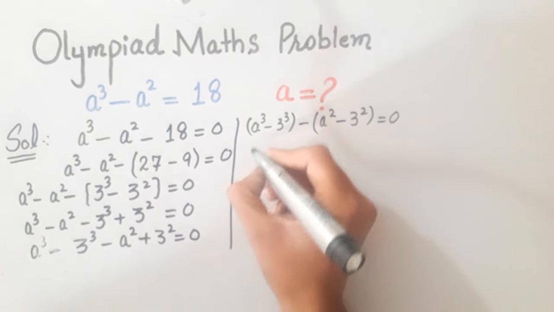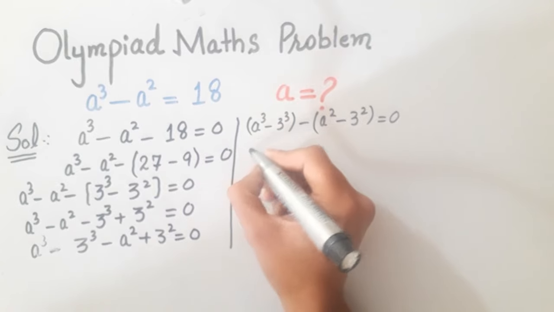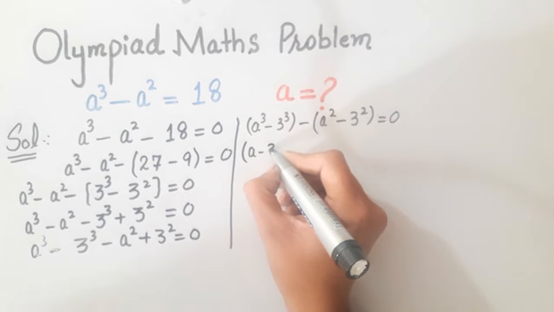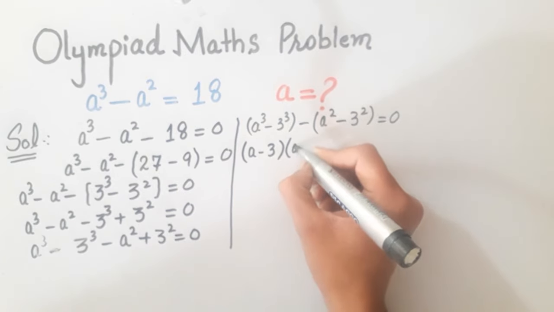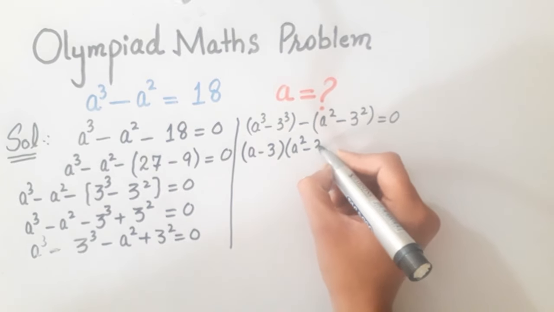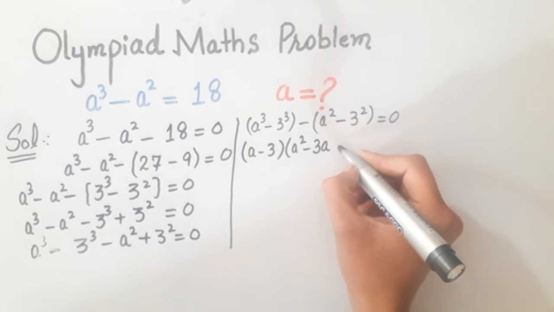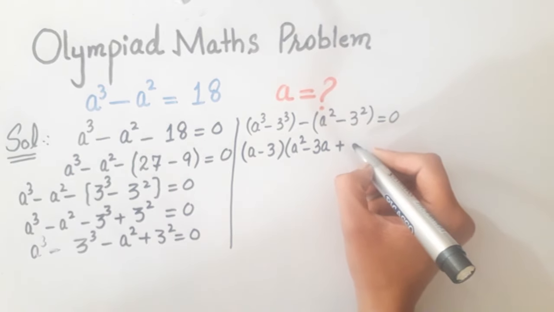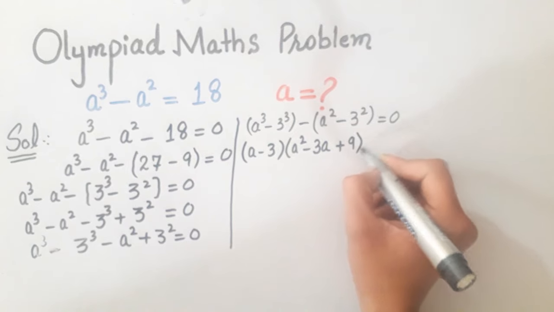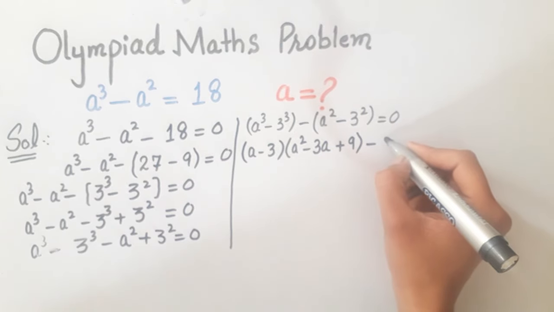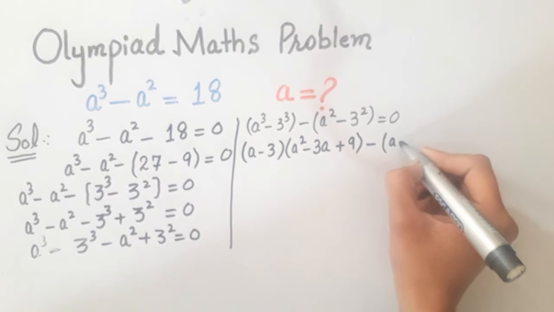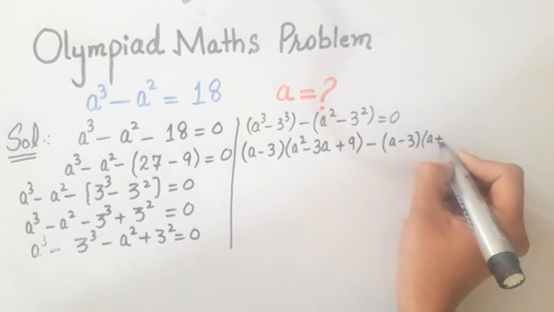So we will apply the formula of a cube minus b cube, that means a minus 3 into a square plus 3a plus 3 square, which is 9, and minus a square minus 3 square, a minus b, a plus b, a minus 3 into a plus 3.